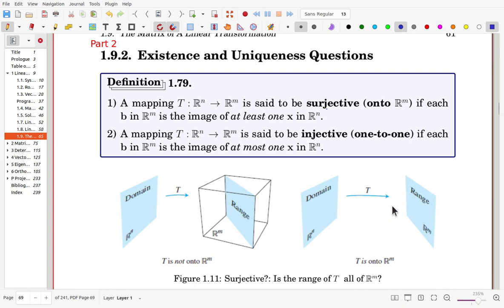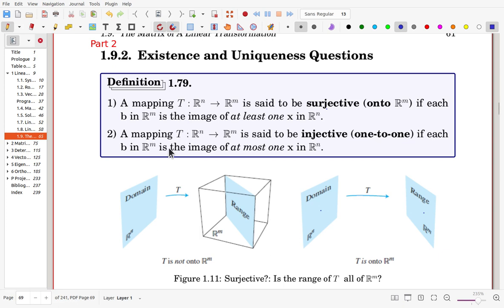But when the range is the same as the codomain Rm, then for any choice of b here, we can find at least one x in the domain such that x can be transformed to this point b. That is the case here in 1, so in this case the mapping T is said to be surjective or onto.